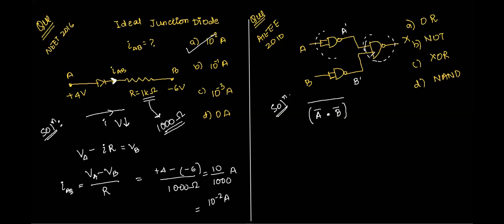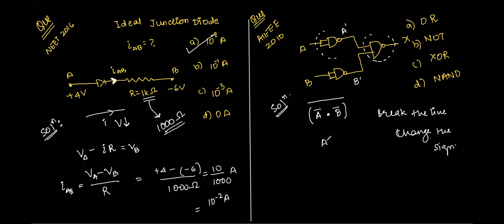This is first, and then a dot, which represents the NAND gate in total. Now we know one rule: break the line, change the sign. This is the rule of solving such questions. Very simple, right?